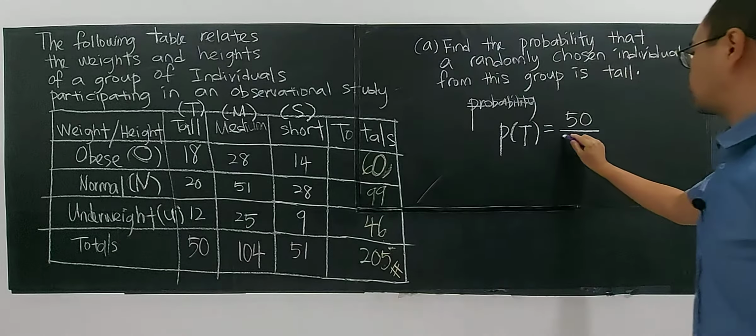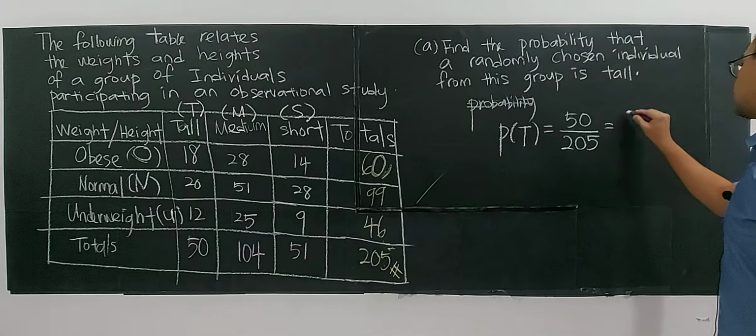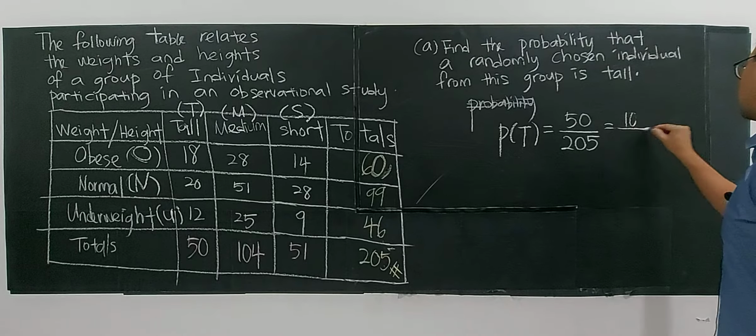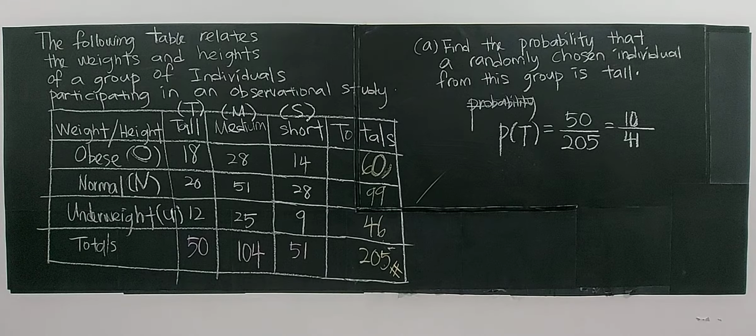So we have 50 over 205, which can be simplified to 10 over 41. This is the probability that a randomly chosen individual from this group is tall.